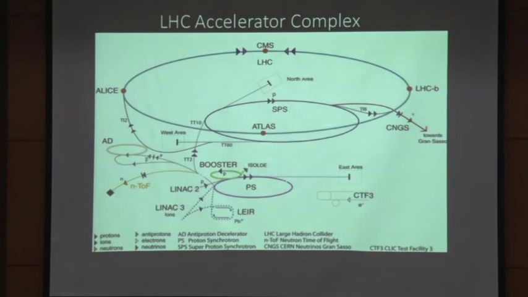Okay, the particle gets accelerated in multiple steps. For example, it starts from the LINAC and then goes to the booster, then the proton synchrotron, then the super proton synchrotron. By the way, when I said that Carlo Rubbia discovered the W and Z bosons, at that time he had to install this accelerator, the super proton synchrotron.